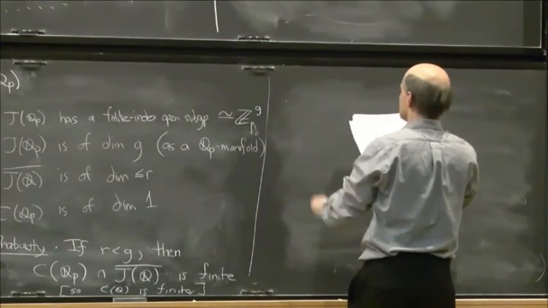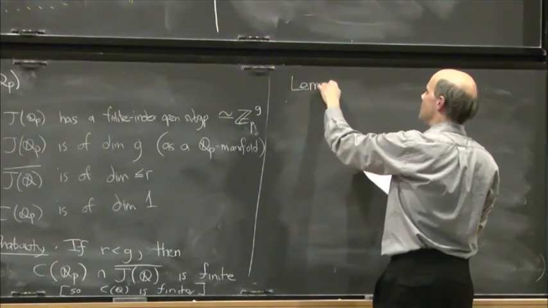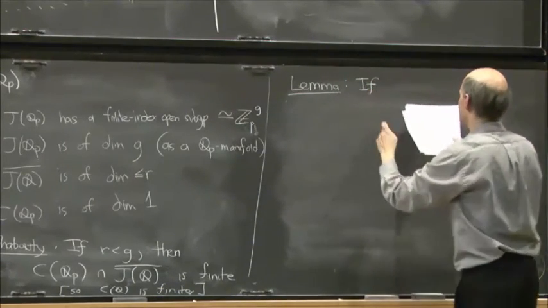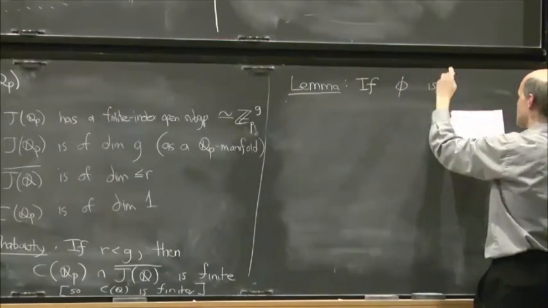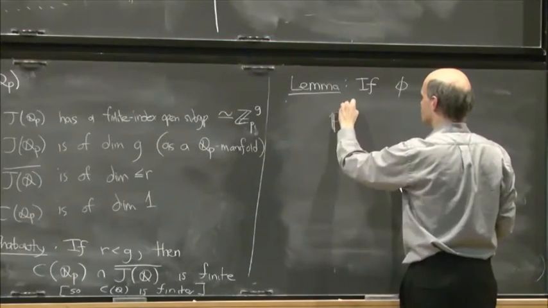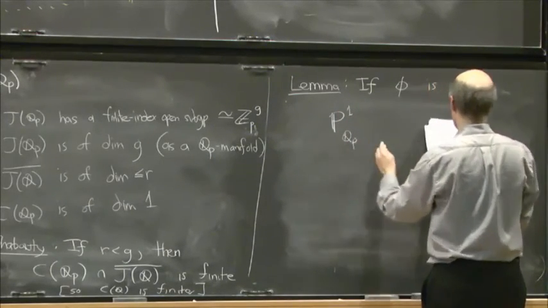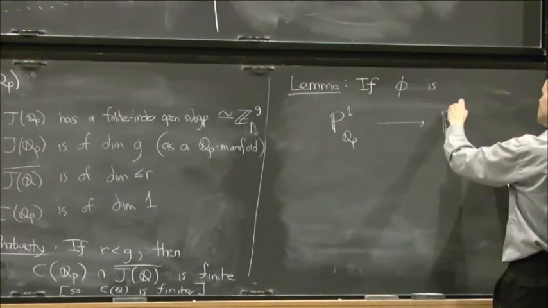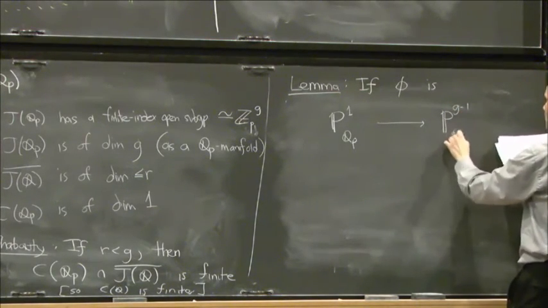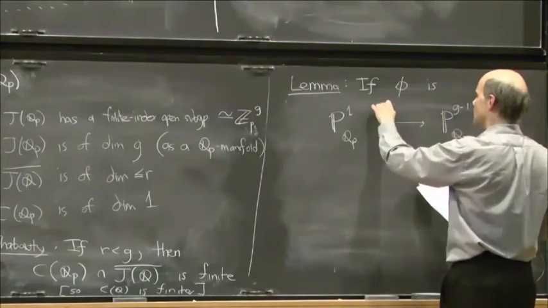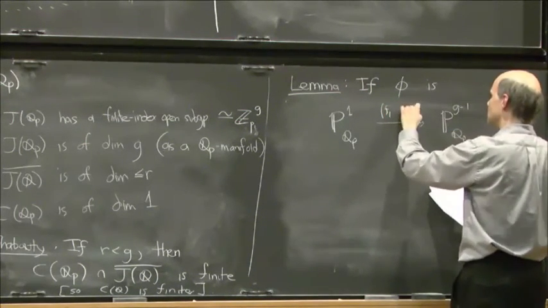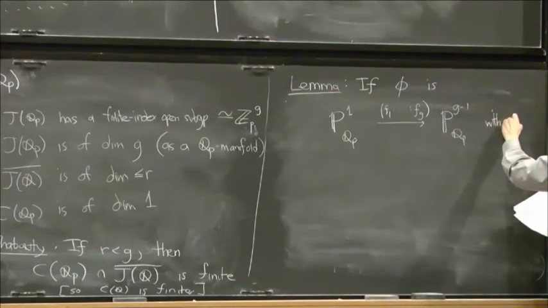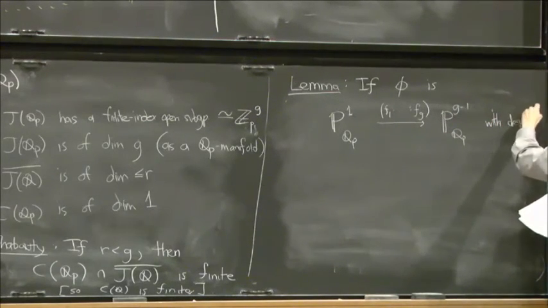So now you have a little elementary lemma that says: if phi is a map, which I'll now view as a map from P1 to P^(g-1) over Q_p, given by this tuple of polynomials with bounded degree, I said they're bounded really by 2g minus 2.